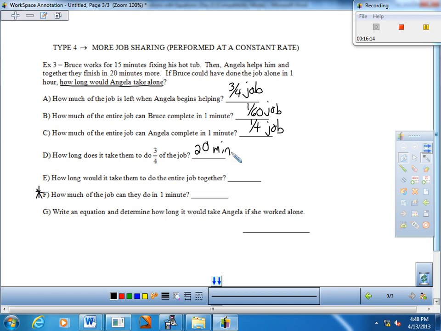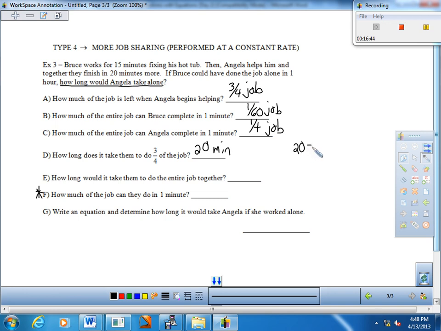All right, now here's a little preliminary equation that's coming our way, guys. If we're going to figure out how much they can do in a minute together, we should probably figure out letter E. How long would it take them to do the entire job together? All right, so let's use letter D to come up with letter E. So 20 minutes was 3/4 of the time that it takes for them to do the entire job.